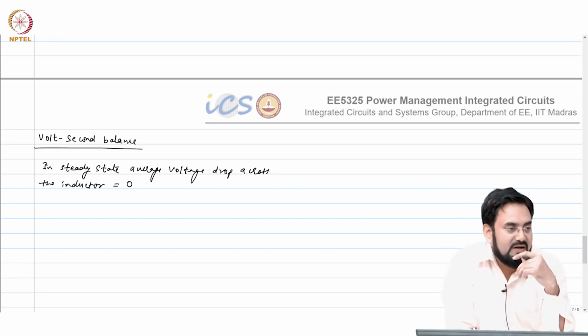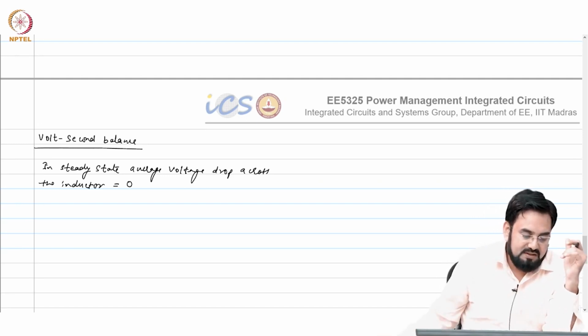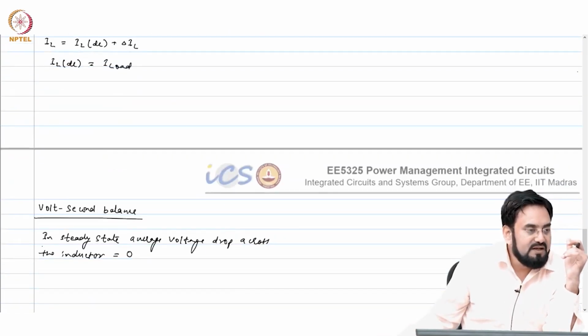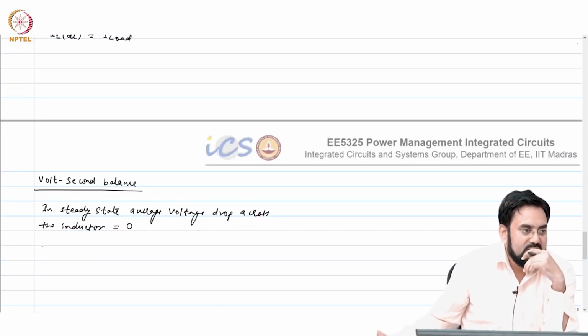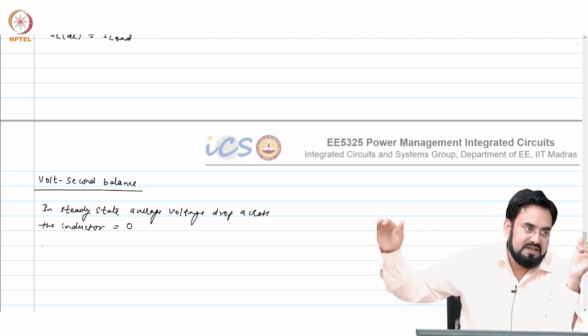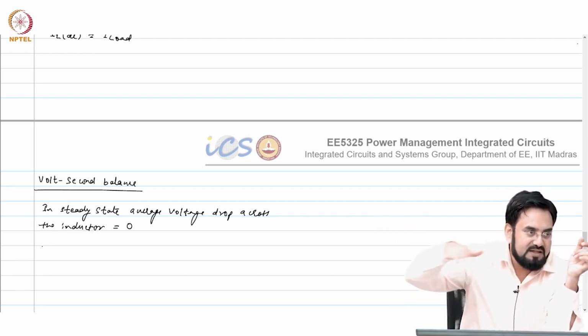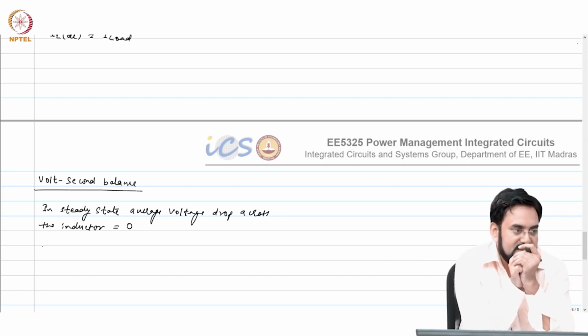This is required to have a DC current, because we know that current is an integrated voltage. So if you apply any difference, it will keep integrating and current will never stop, it will keep rising. So in order to have a current settled, the voltage must be maintained 0 across the inductor.